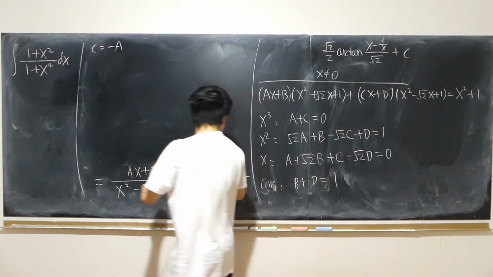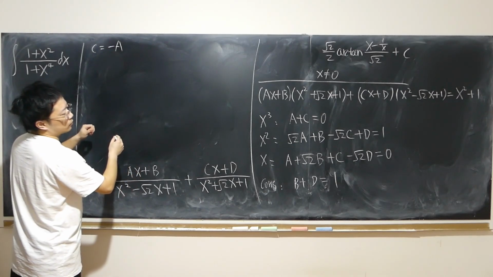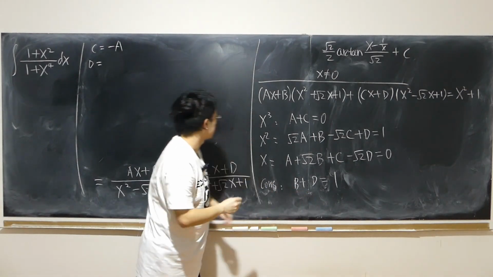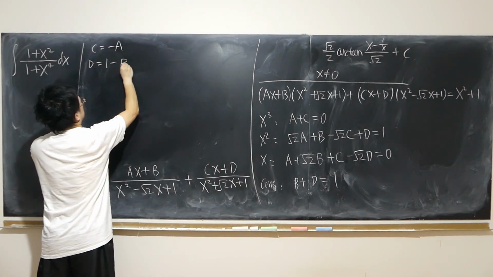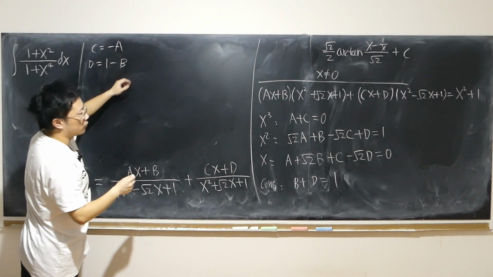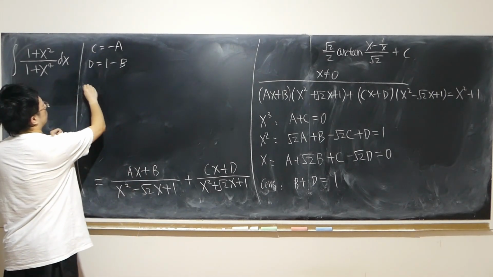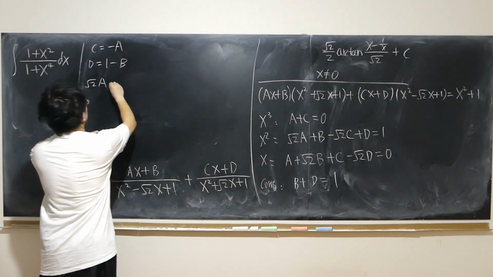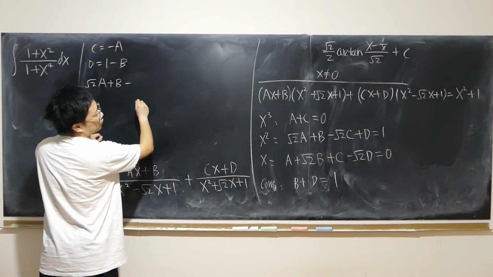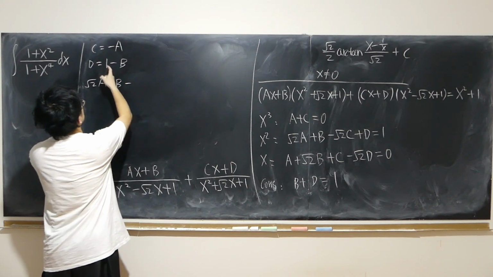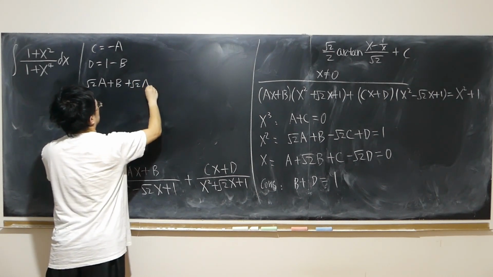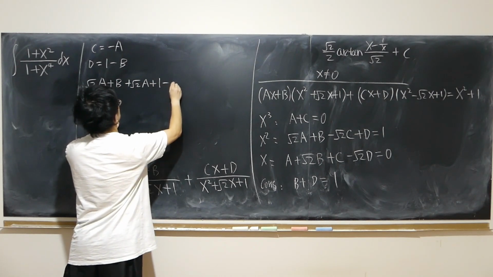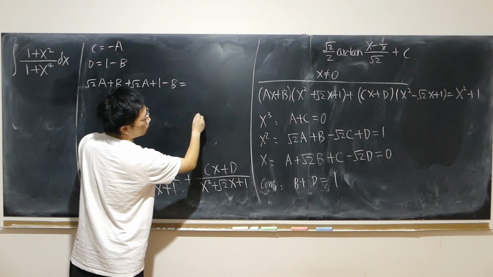So d is equal to 1 minus b. All right, so everything is in terms of a and b now. Now I can write square root of 2 times a plus b minus square root of 2 times c, plus square root of 2 times a, plus d, plus 1 minus b equal to 1.